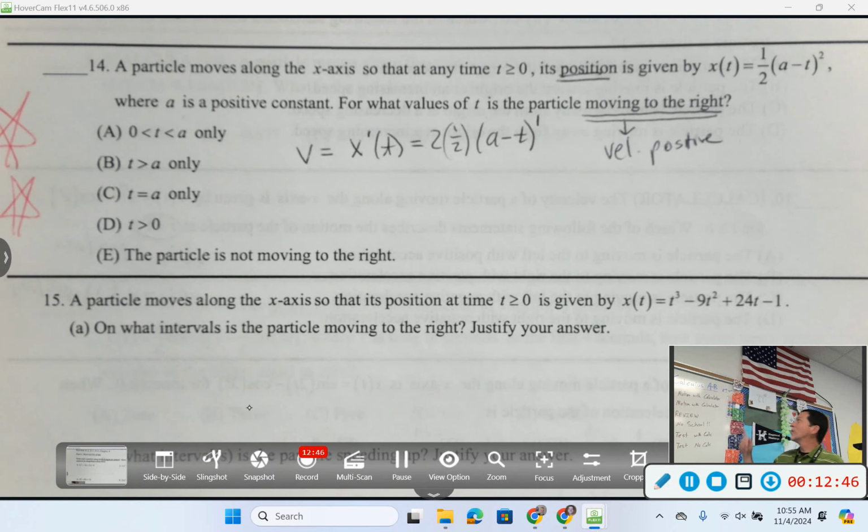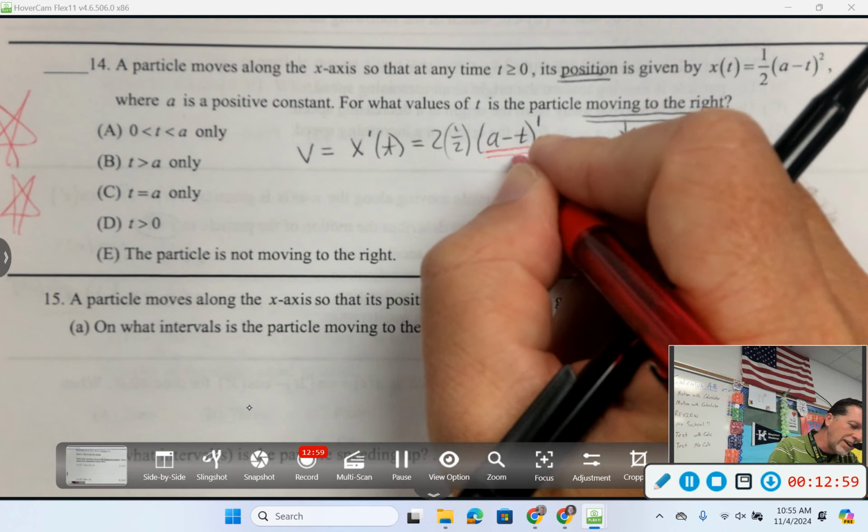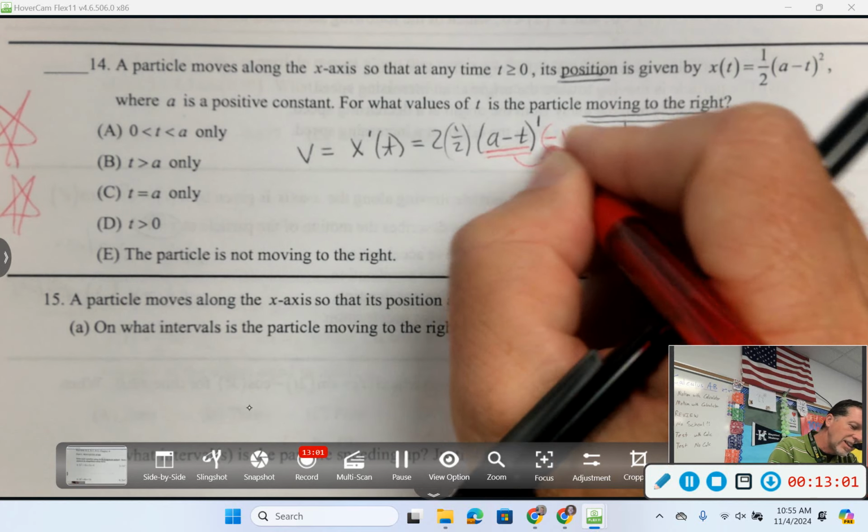And then there's one more thing to consider: the derivative of the inside. a is a constant, but what's the derivative of minus t? Negative 1.